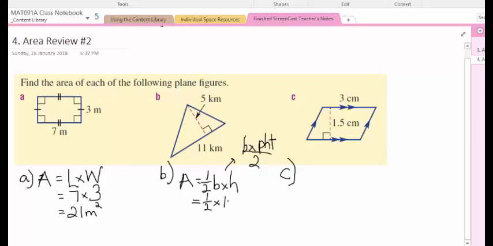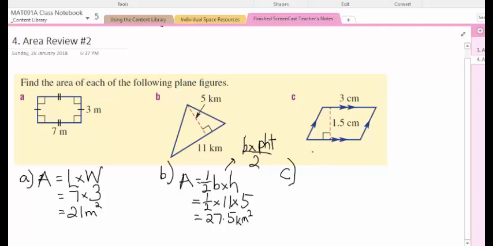We have half times 11 times 5, which is half of 55, which is 27.5 or 27.5 kilometers squared. We have the correct units written. This one is an optional one.